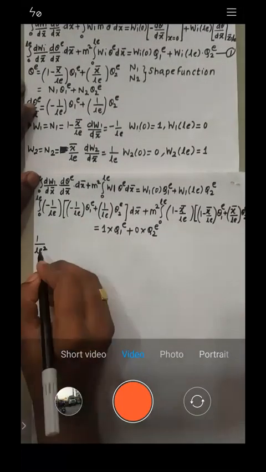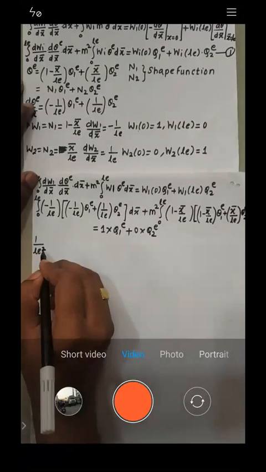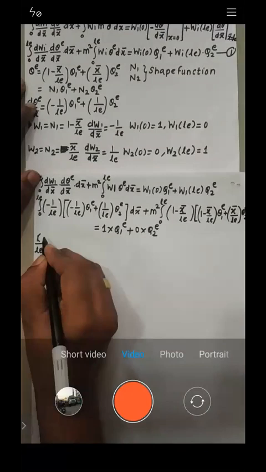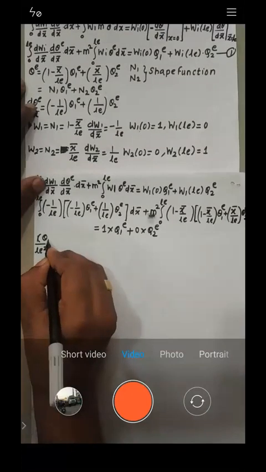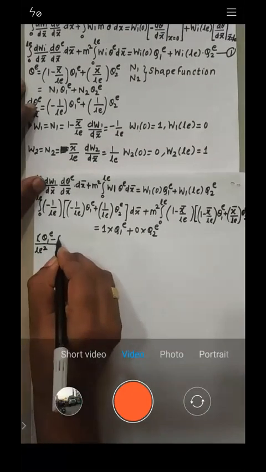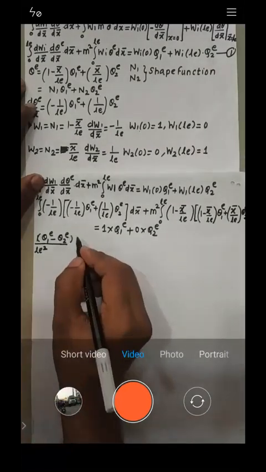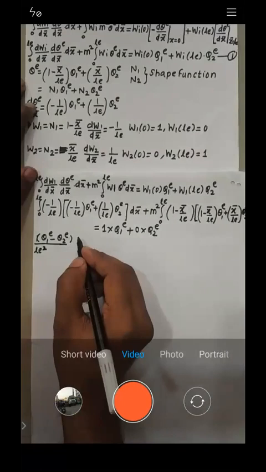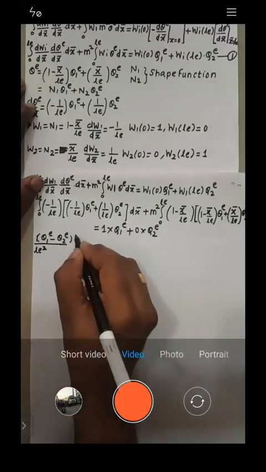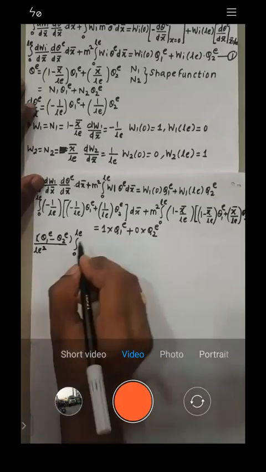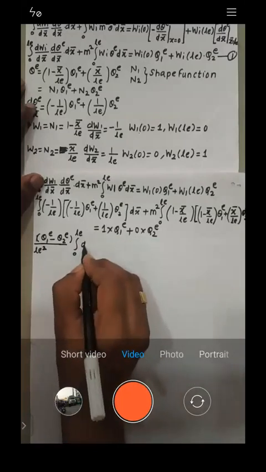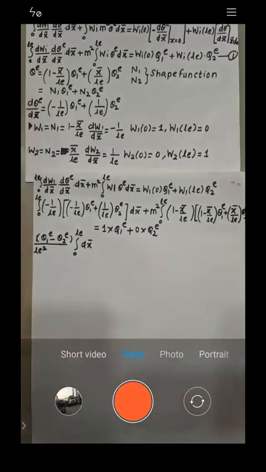Then what is remaining in the numerator? Theta 1E minus theta 2E, integration 0 to LE. So what is remaining is only dx bar. Just check whether it is okay or not.